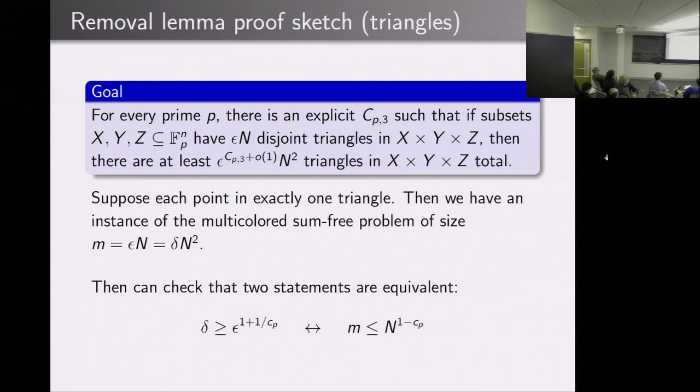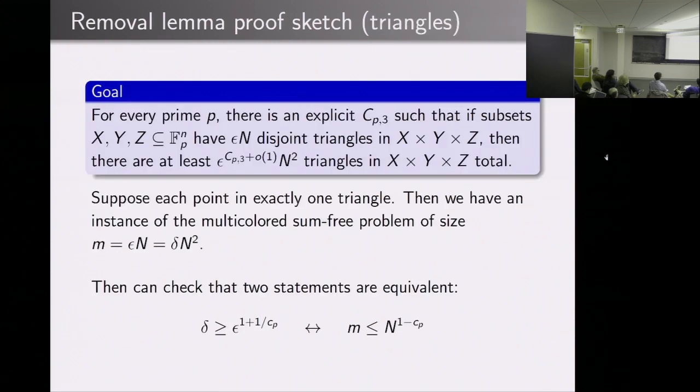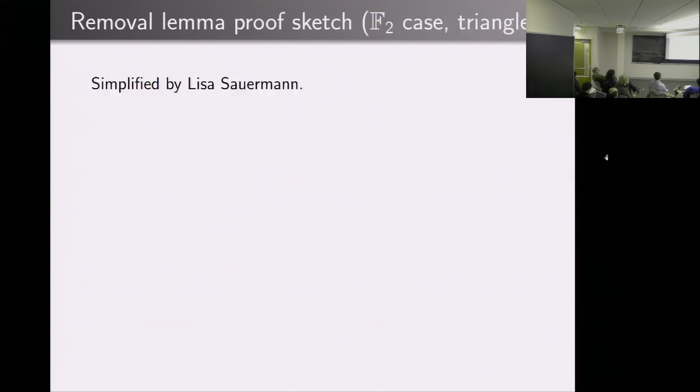And the reason this is useful is because in the general case, let me save some preparation and then I'll explain why that's useful. So I'm going to concentrate on F2, and this is a bit simpler than what we originally had thanks to some observations of Lisa.